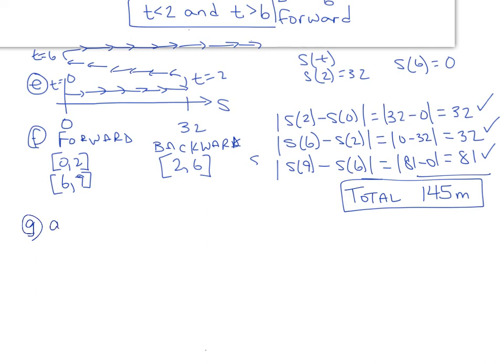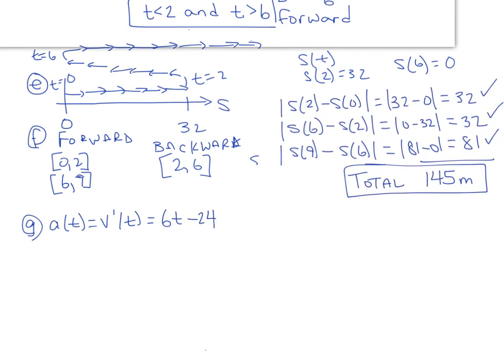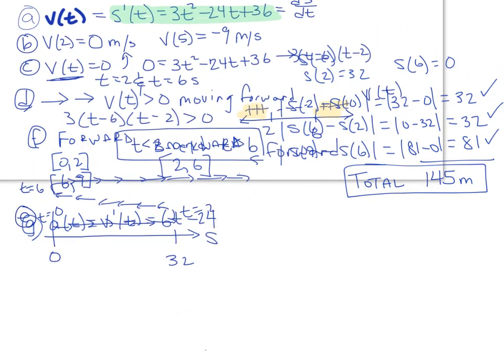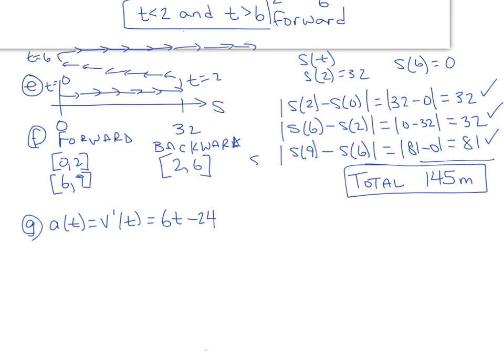we need to know the acceleration, which will be the derivative of the velocity, and that comes out to be, remember what my velocity equation is, I don't want to have to scroll back, so that comes out to be 6t minus the 24. I'll scroll back up for you guys so you can see it. The velocity equation right here was, we came up with 3t squared minus 24t, right?